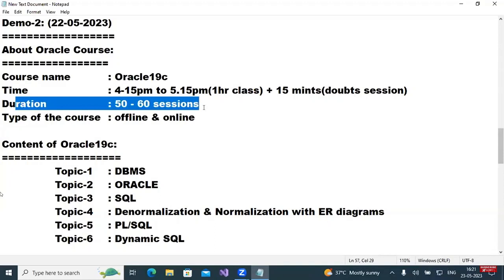I say 50 to 60 because here we are not learning one language. We are learning two languages, SQL as well as PLSQL. Somebody saying 30 days, 40 days means they are covering only SQL, and the remaining PLSQL and dynamic SQL they don't cover. If you want only SQL, you need to spend 30 sessions.